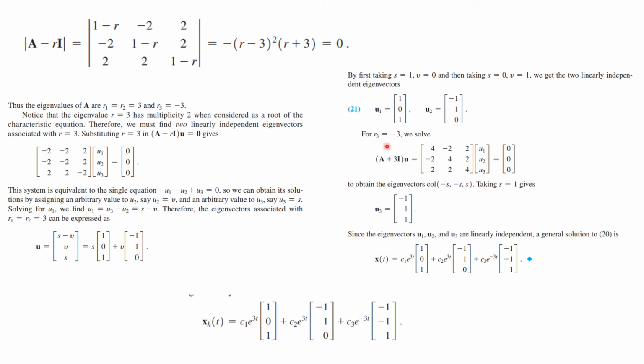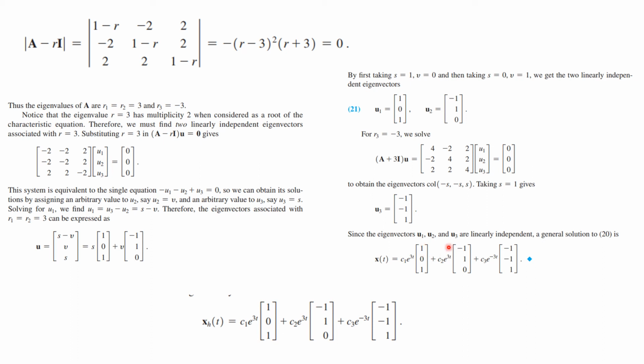And for r equal minus 3, what's going to happen is I'm going to end up with this equation to solve, and I'm going to get that minus s, and 1, and so that's minus 1, and 1.